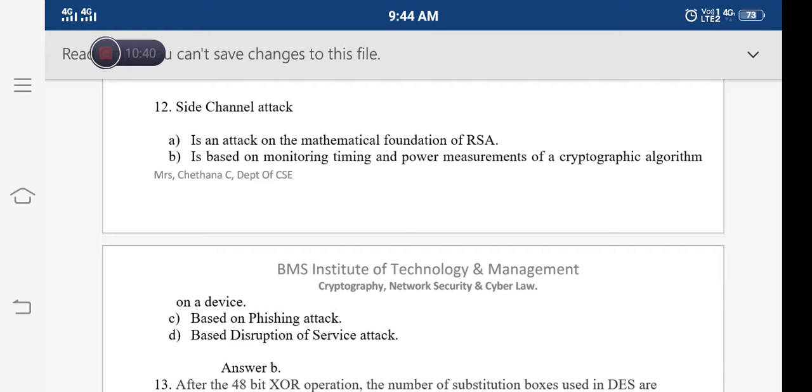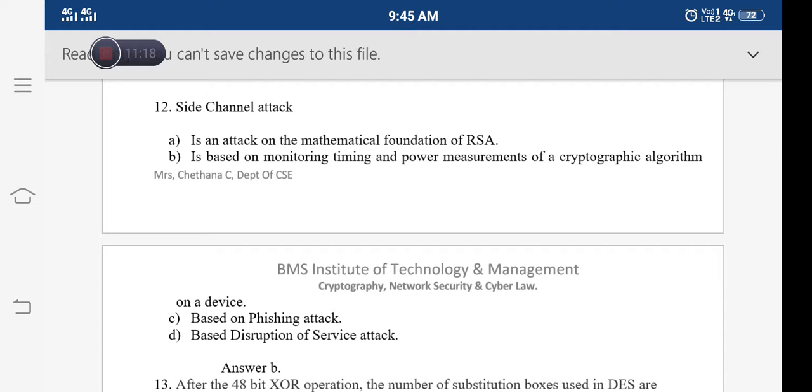The square and multiply operation is used to decrease the multiplication time at decryption of the RSA algorithm. At decryption time we are performing multiplication, and the formula used is c to the power d mod n. To decrease the multiplication time at decryption, the square and multiply method is used.